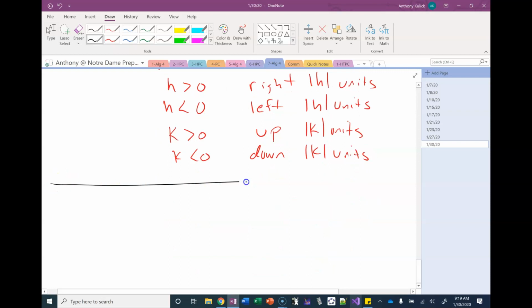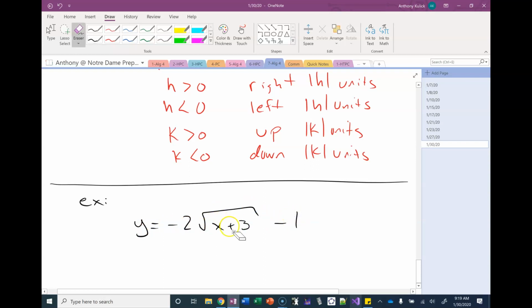So for example then, let's say we have y equals negative 2 times the square root of x minus 3 minus 1. Let's identify our values for A, H, and K. What's our value for A?